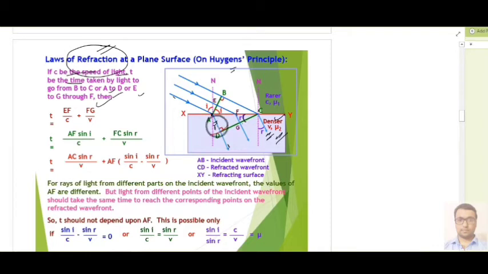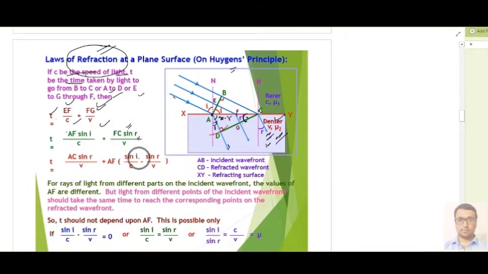Basically this angle should be this one R, but this will be 90 minus R, and from the triangle we can say this will be R, because all three angles should sum to 180. Again we can determine time equal to EF upon C plus FG upon V, because here speed has decreased, its speed is V. So EF is again AF sin I and FG will be FC sin R, by applying sin theta equal to perpendicular upon hypotenuse.